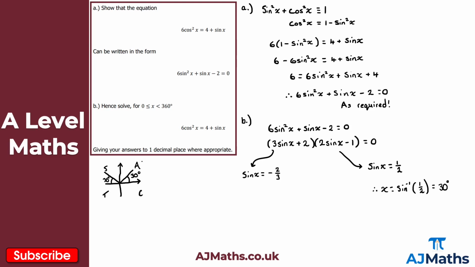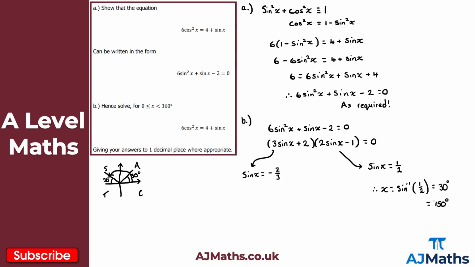But for our second solution, we obtain that by going from this line here, which would be our x-axis, all the way around until we meet this line here. So to obtain the angle that's formed, that would simply be 180 from here to here, minus the angle in between. So that's going to be 180 minus 30. So that would be 150 degrees there.